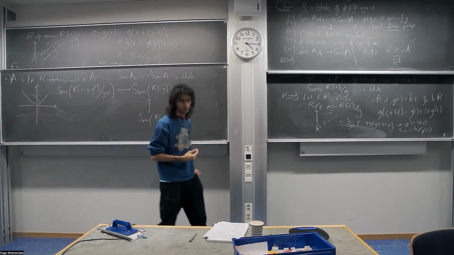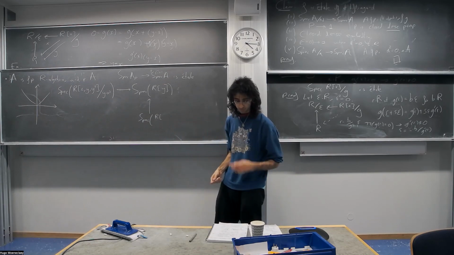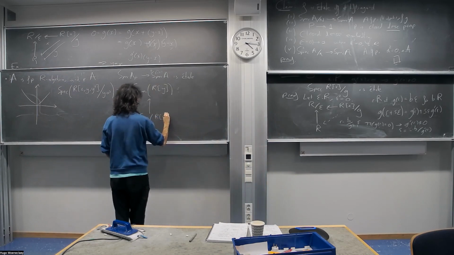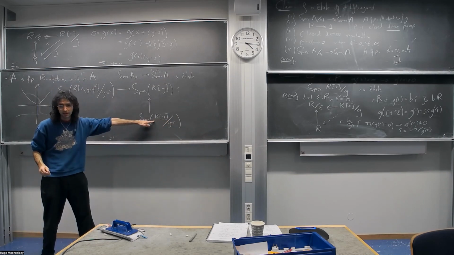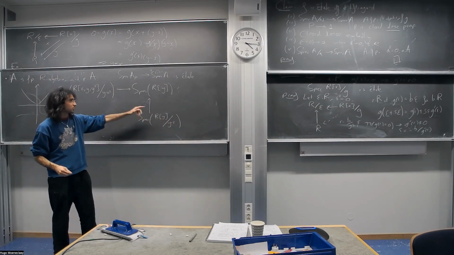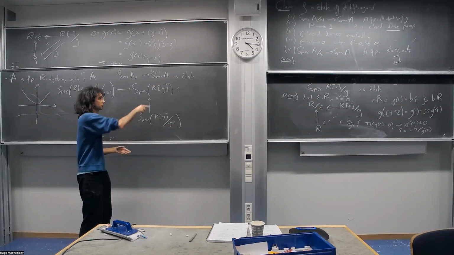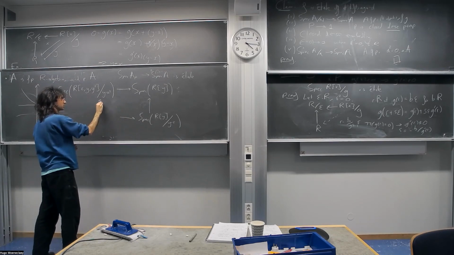So this is just spec R, but what I mean is that when we're considering the tensor product, I want the action by R given by the base ring, because otherwise it's underspecified.